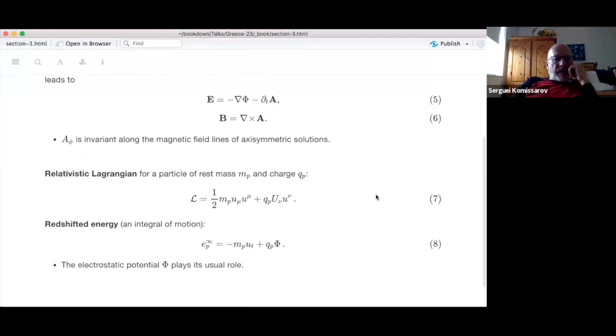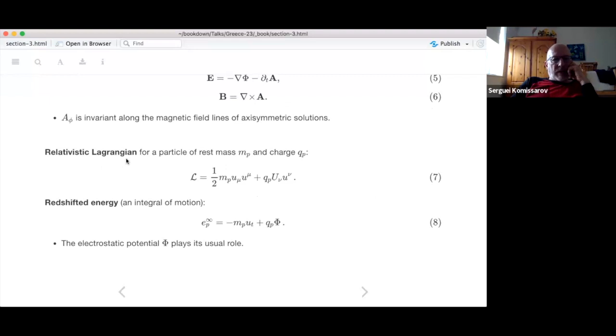Now, if you look at the relativistic Lagrangian for a particle with rest mass m_p and the charge q_p, then it's given by this expression. So that's the four-velocity of the particle, and U is for potential, and yeah, well, this little u is again for the velocity of the particle.